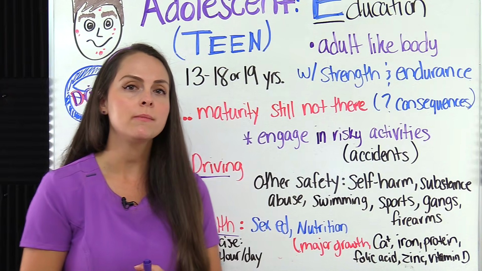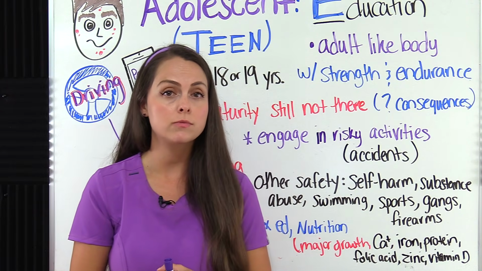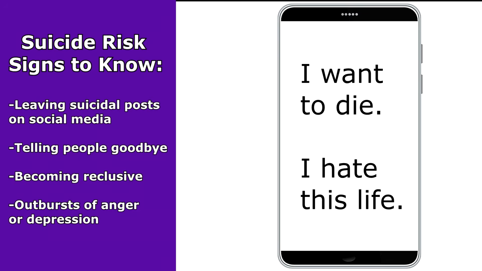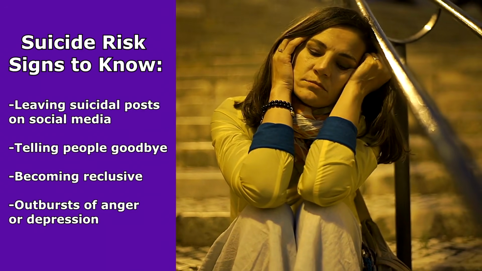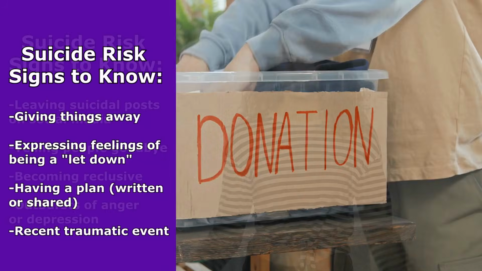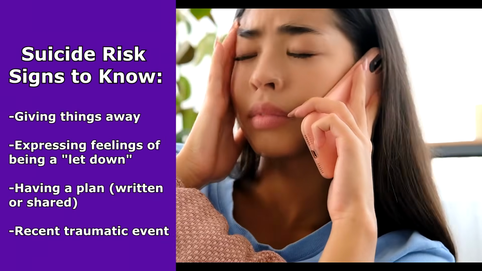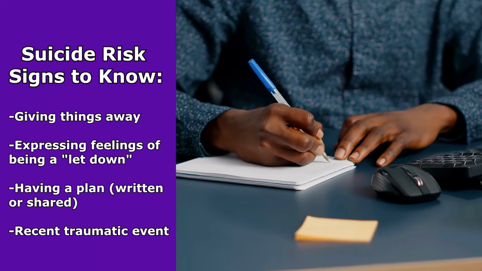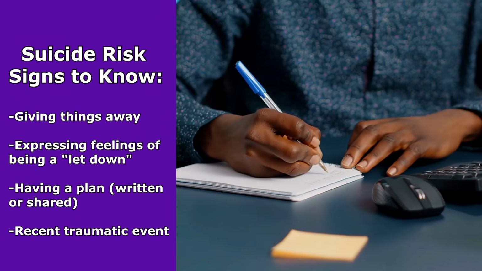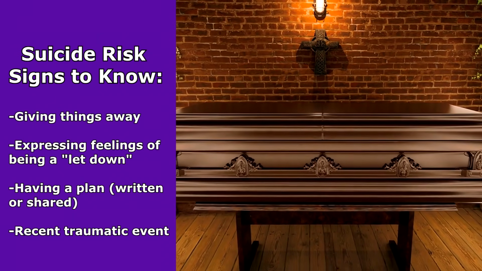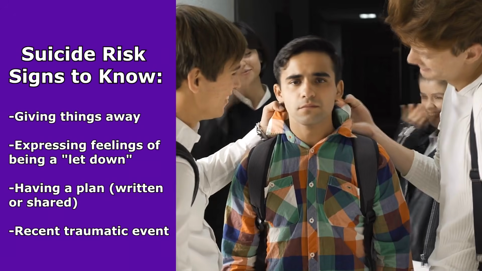So as a nurse, you want to make sure you're assessing for those risks of suicide, which could include the following: leaving messages on social media or hints telling you that they want to die, telling people goodbye, they quit socializing all of a sudden, they have outbursts of anger or depression, giving away things they own, express being a letdown to others and saying life would be better without them, having a plan that they have written or shared with you, or they've experienced a recent traumatic event like a death of someone, they're being bullied, or a rejection.